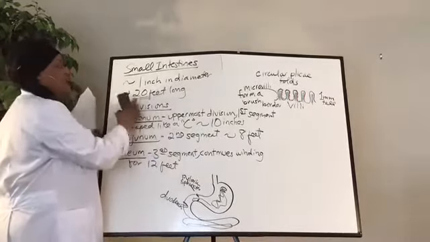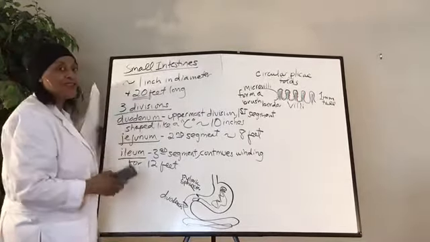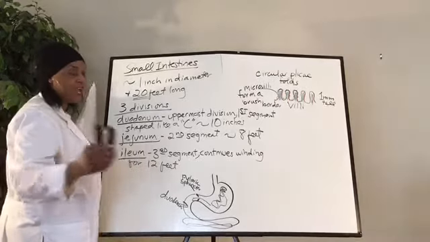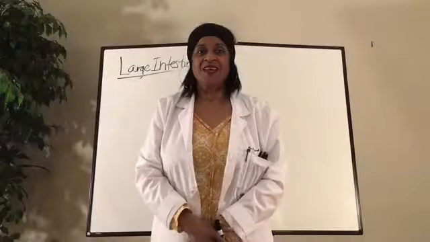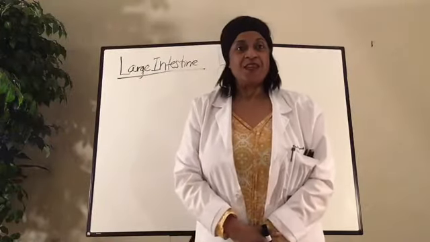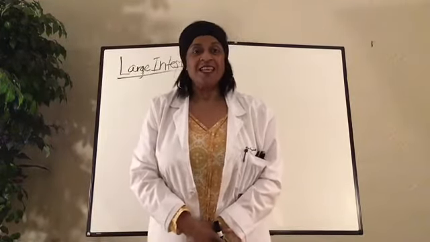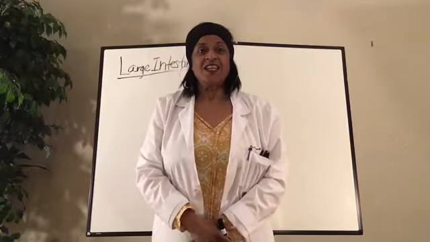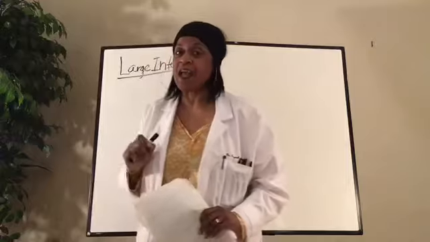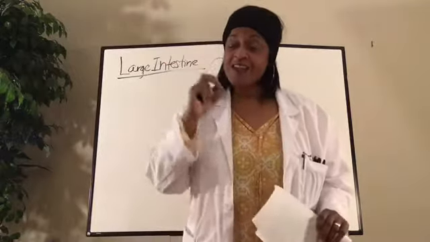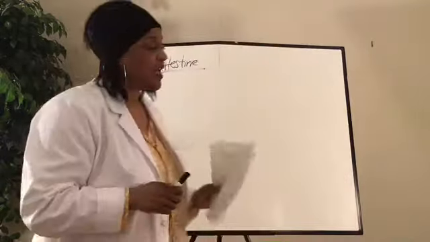So small intestines is 1 inch in diameter. Let's see how big the large intestines is. Okay, so we finished up with the small intestine. Let's look at the large intestine now. Now remember, the small intestine was small because the diameter is smaller. The large intestine has a much larger diameter.